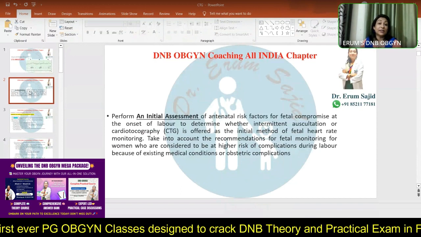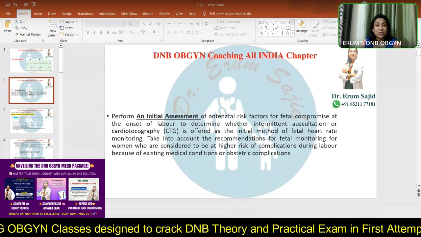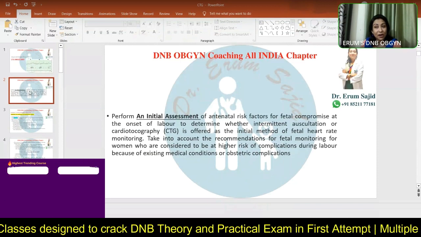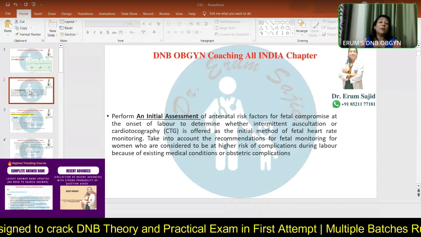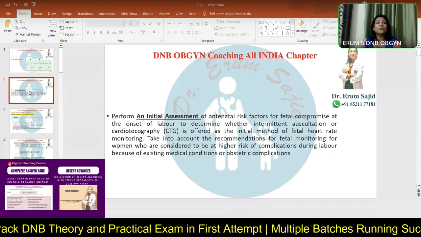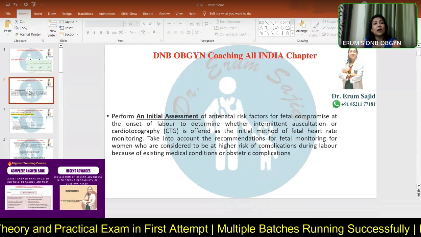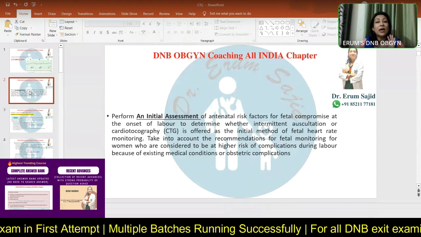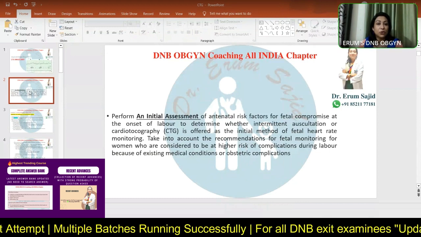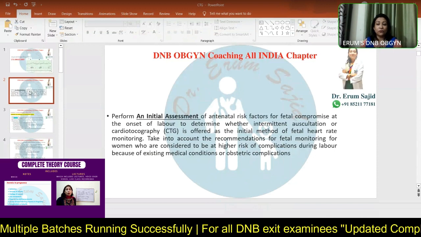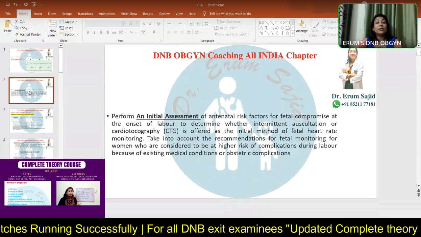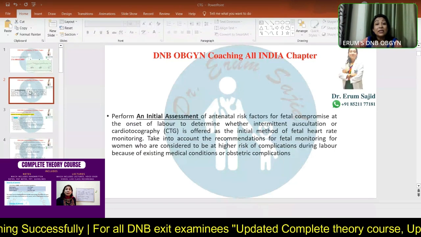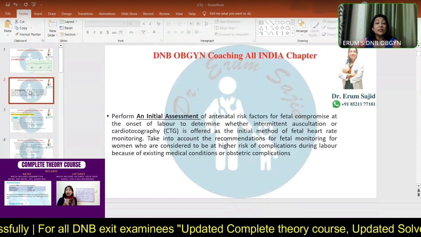But if she's a high risk candidate, maybe an IVF conceived pregnancy, or an elderly primary gravida, or a patient with one of the many confounding factors like preeclampsia, severe preeclampsia, IUGR, and I'll be discussing, the list is there to come. This is for the obstetrician to understand whether this patient needs continuous assessment or just intermittent auscultation.